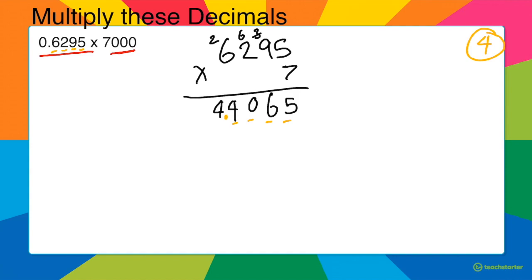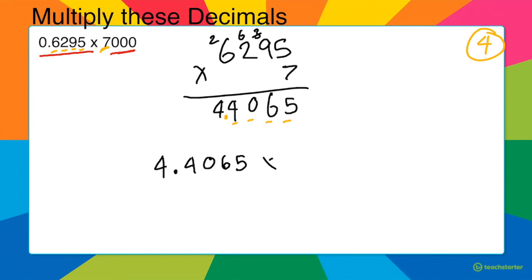Okay. But then what I'm going to do is I'm going to actually multiply, because I've only multiplied by 7, not 7,000. Alright, so I've multiplied my number by 7, but not by 7,000.